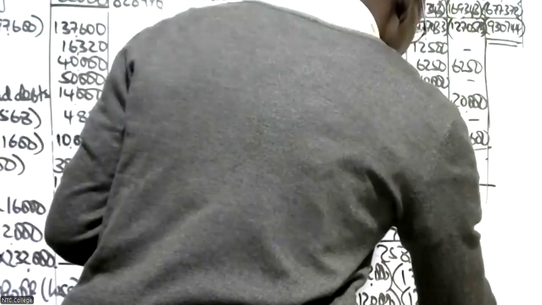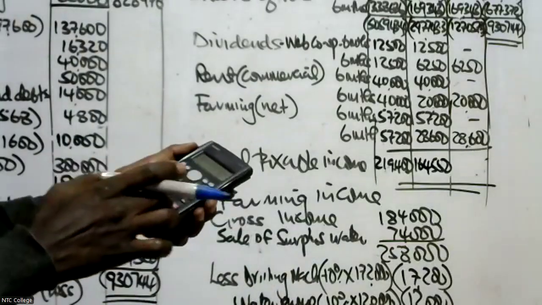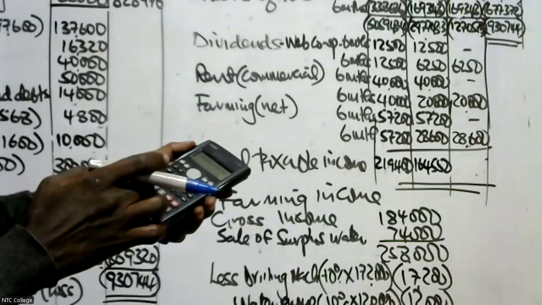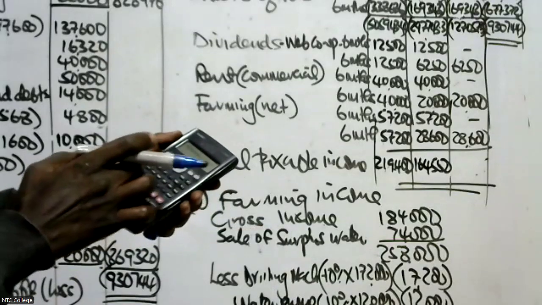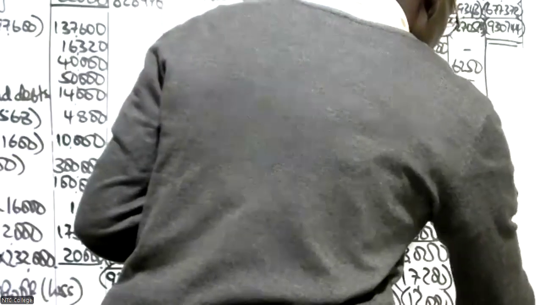The result is 164,515. And then finally, the last one is 6,250 plus 48,600. The result is 54,850.